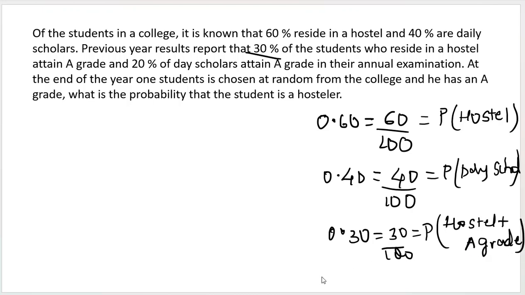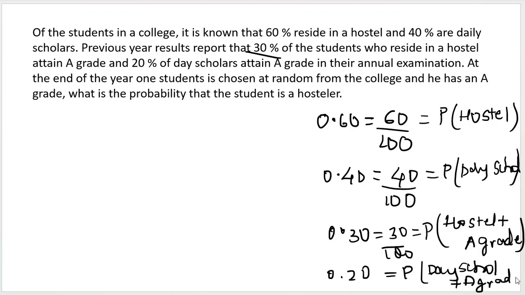And the last, that is the 20%, is nothing but the probability of those students who are day scholars and get A grade.